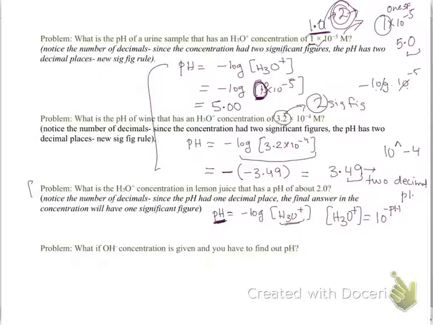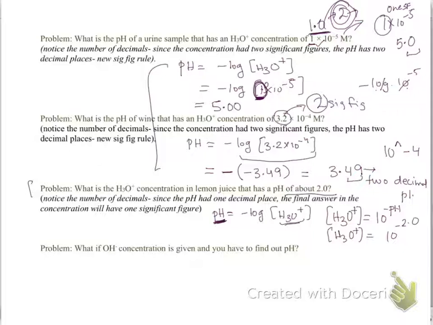So what is the hydronium ion concentration in lemon juice that has a pH of about 2.0? My hydronium ion concentration will be equal to 10 to the power negative 2.0.